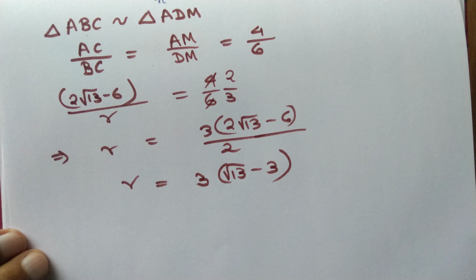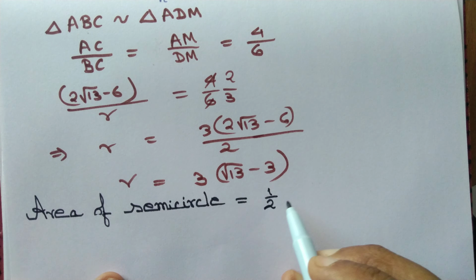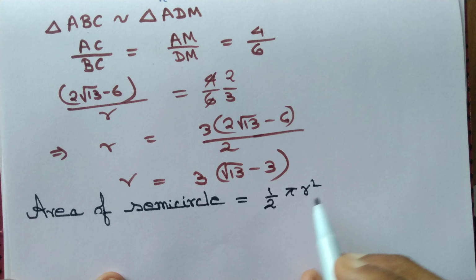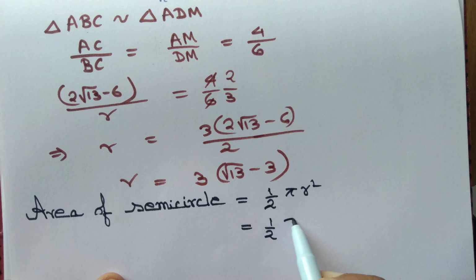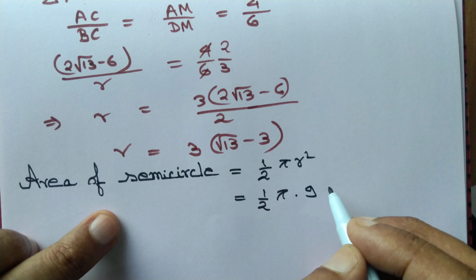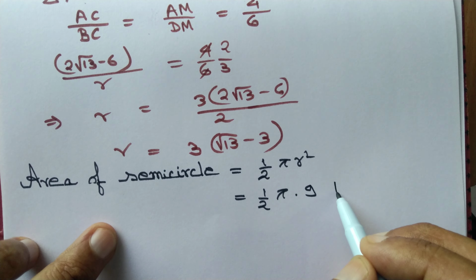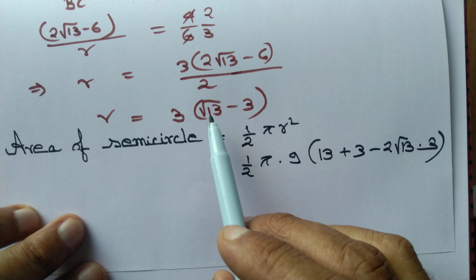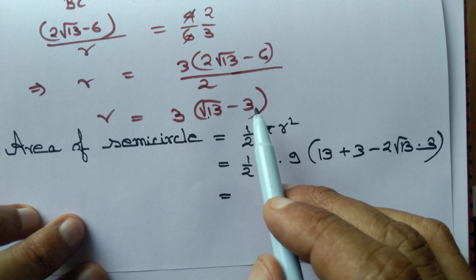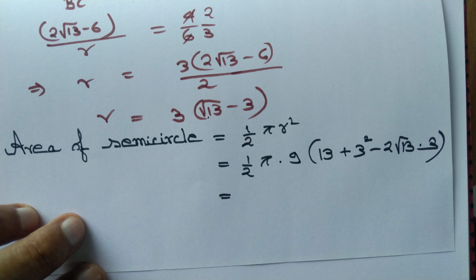Lastly, area of semicircle is equal to half of area of circle, that is half of pi r square. That's equal to half of pi of 3 square is 9, root 13 minus 3 whole thing square is 3 square is 9, root 13 square is 13, 3 square minus 2 times root 13 times 3.